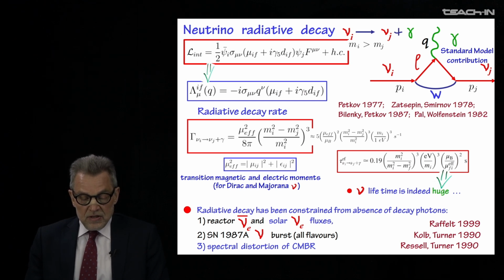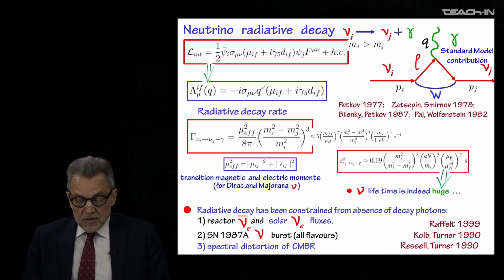If we consider some general theory beyond the standard model, it is possible for neutrinos to have a non-trivial dipole electric moment. And if we put numbers just to understand the scale of these phenomena, it is possible to calculate the inverse rate that gives the lifetime of the initial neutrino with respect to this process with emission of a photon.